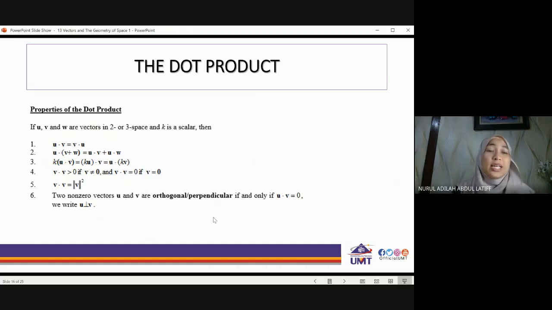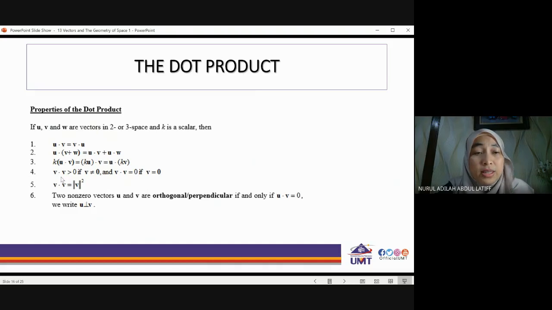All right, so these are the properties of the dot product. If U, V, and W are vectors in 2- or 3-space and K is a scalar, then number 1, U dot V equals V dot U. Number 2, U plus V dot W equals U dot W plus V dot W. Number 3, K times U dot V equals KU dot V equals U dot KV, all the same, you can multiply the scalar anywhere.